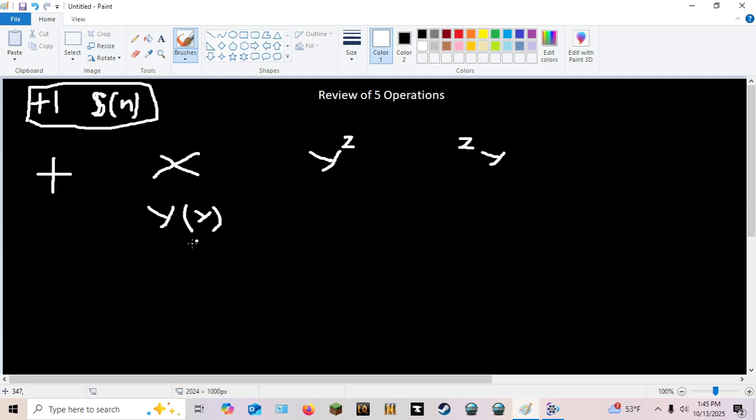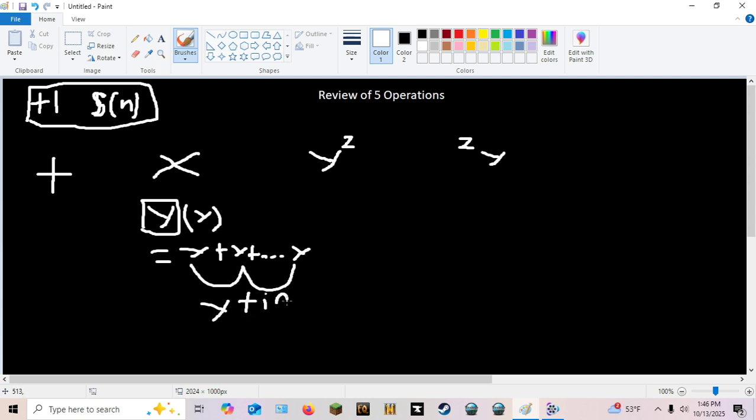Okay, so y times y equals y plus y plus y plus y. This gets repeated, so it equals y plus a bunch of dots and a y. This is actually y times. Okay?